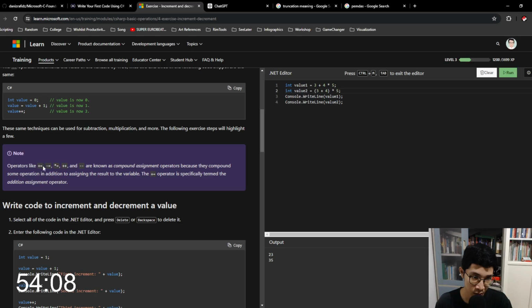So basically each compound assignment operator has two operators, like plus with equal, minus with equal, minus with minus, and others. The plus with equal operator is specifically termed the addition assignment operator.